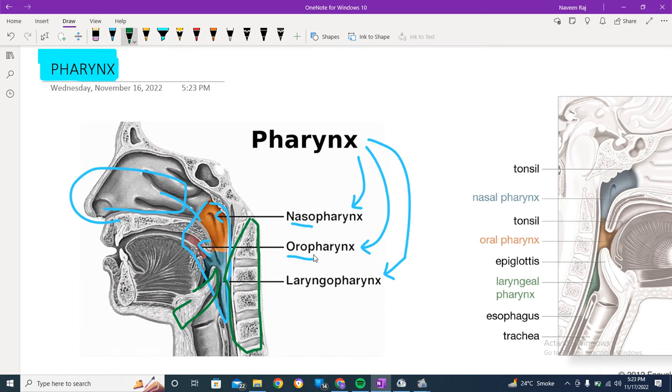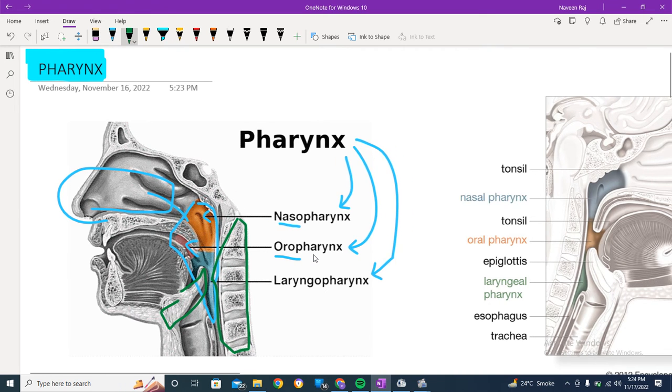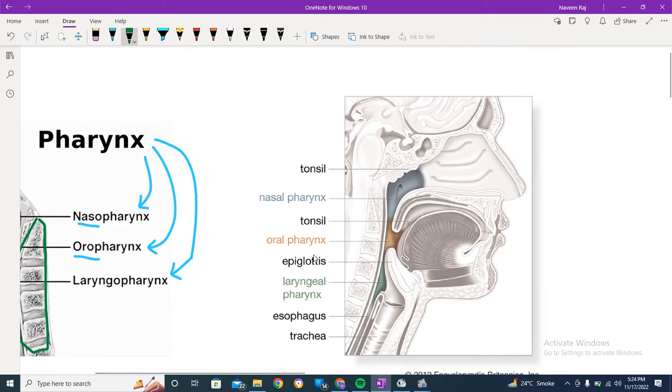Let me give you one more point: the tonsils I'm talking about will have a completely separate video, because this is an important topic for competitive exams as well, and it has its own functions. But this is the nasopharynx, the one going toward the nasal cavity. Again, we have different tonsils. The oropharynx is the one in the oral region, the one coming from the mouth.